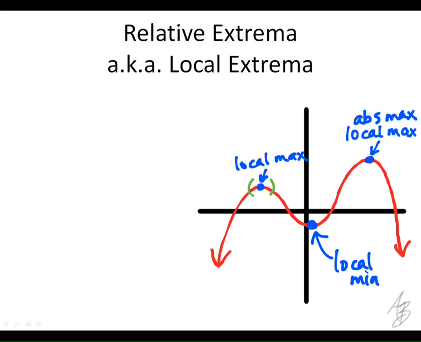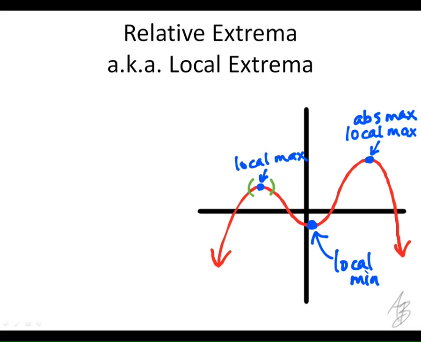So we could have infinitely many local extrema. In fact, can somebody give me an example of a function that has infinitely many local maximums and infinitely many local minimums? Sine or cosine, right? In fact, every one of those are also global maximums. You could have more than one global maximum because they're all equal to 1, right? So they all have the same maximum value.